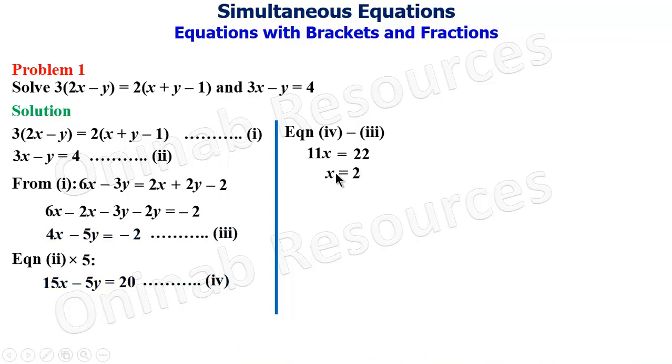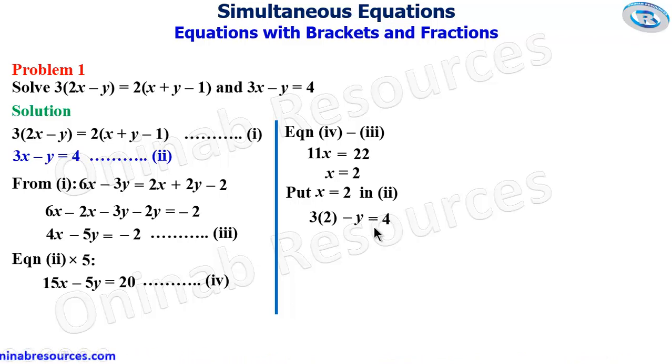So from here we substitute x = 2 in any of the equations. So we are putting x = 2 in equation 2. That is going to give us 3(2) - y = 4. If you take this to this side and bring this to this side, you'll be left with y = 6 - 4.